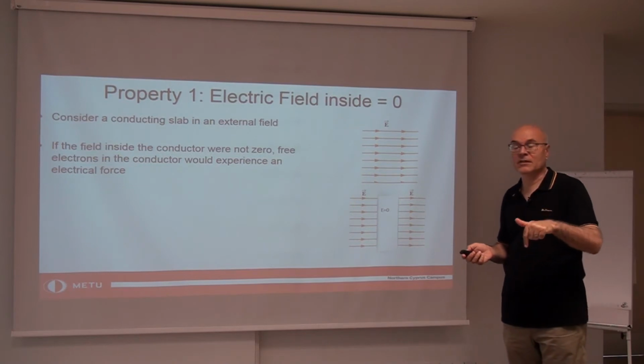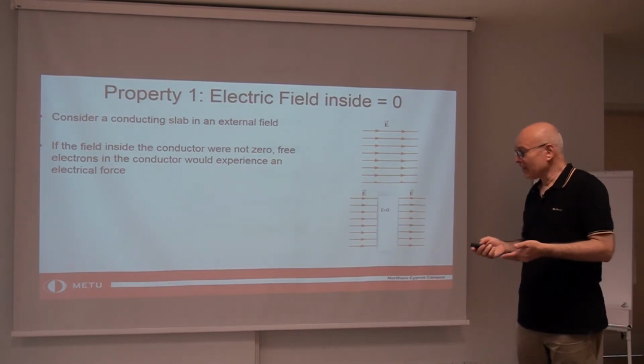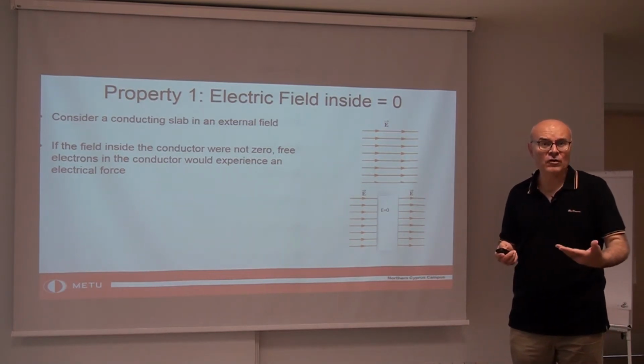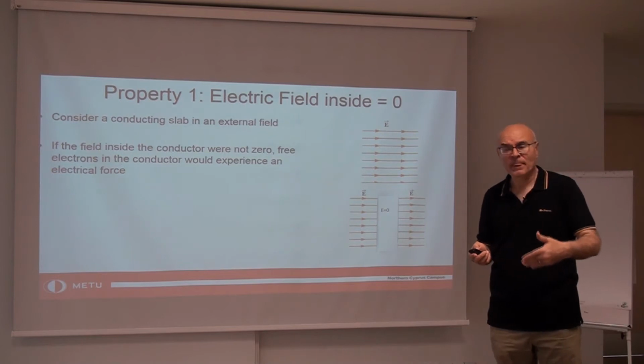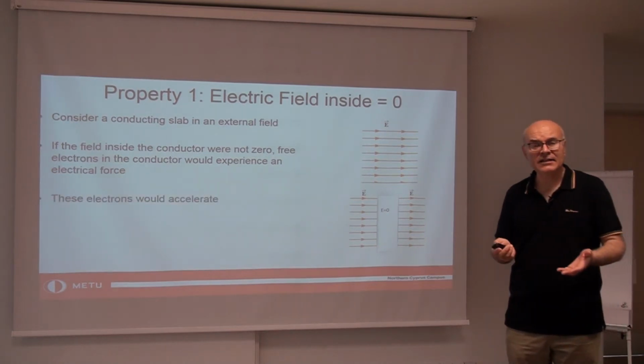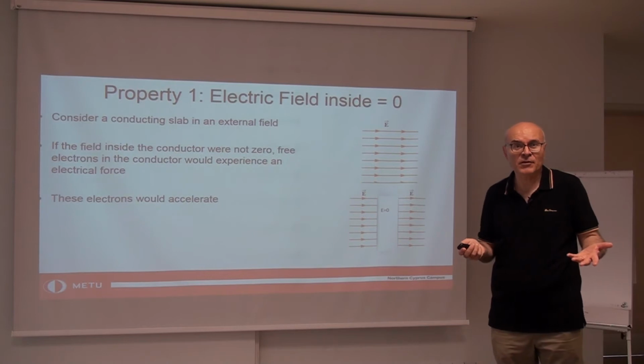Why? Because if it were not in static equilibrium, the charges inside would experience a force, and these charges would accelerate. But accelerating charges mean there is a net movement of charge, and therefore this is not static equilibrium.